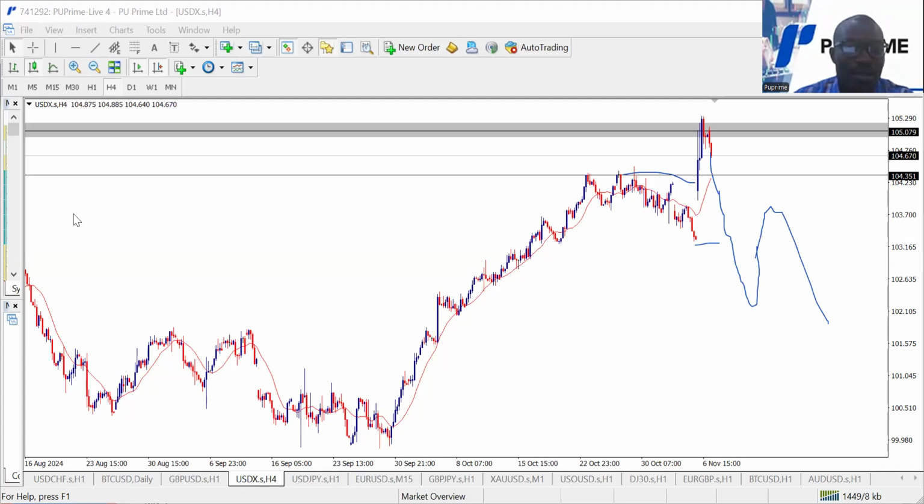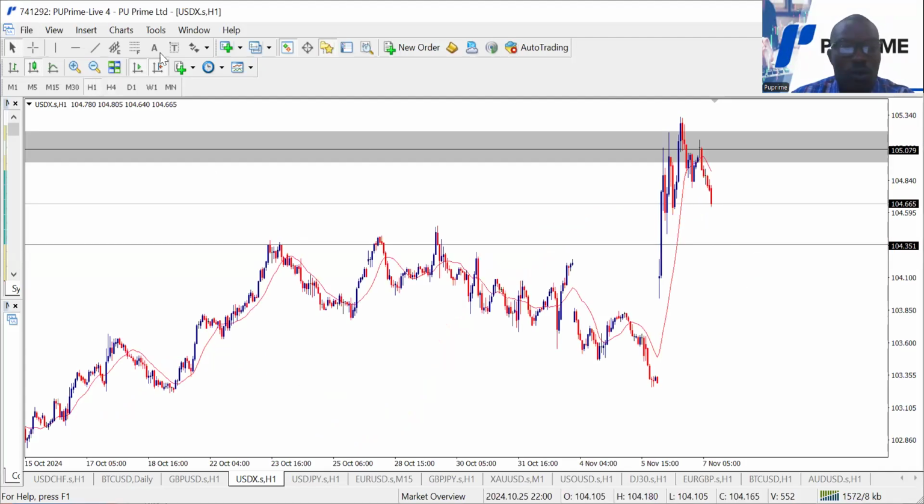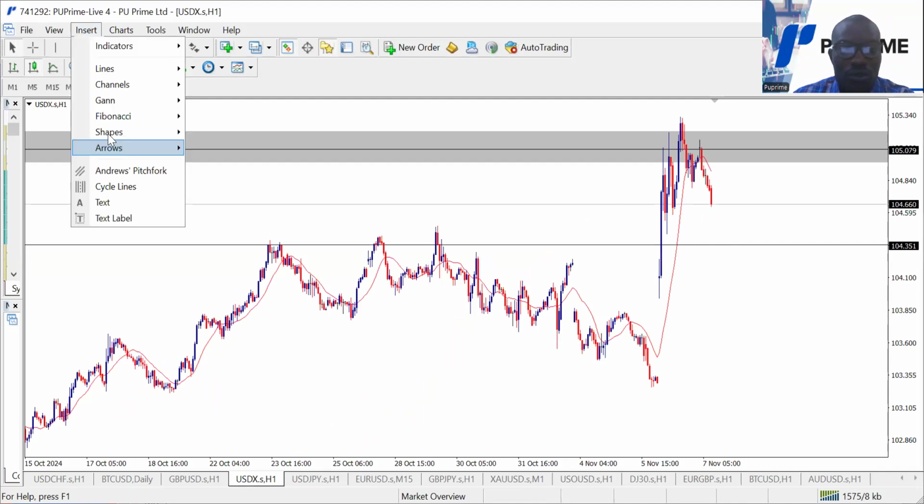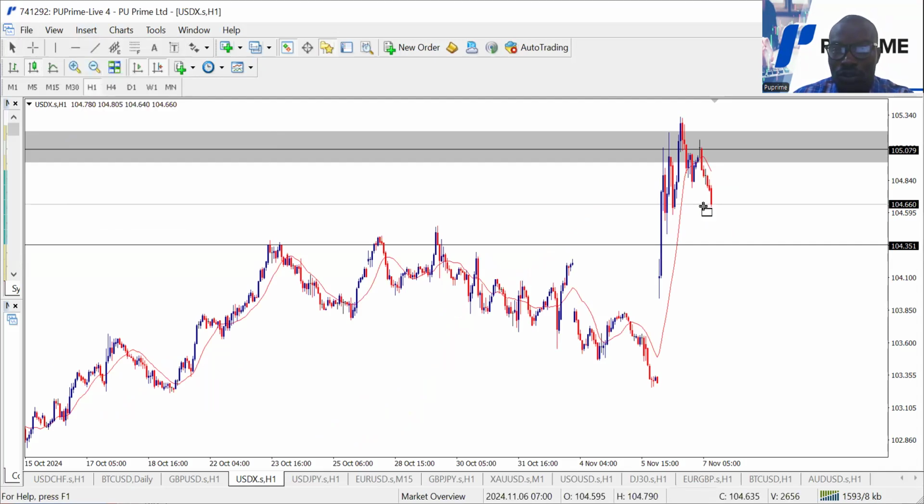But currently the market is bearish, and it has formed a reversal pattern only for this zone. Let us check if this zone will be broken, and if this low is broken, then we wait for a proper retracement before we sell USDX.